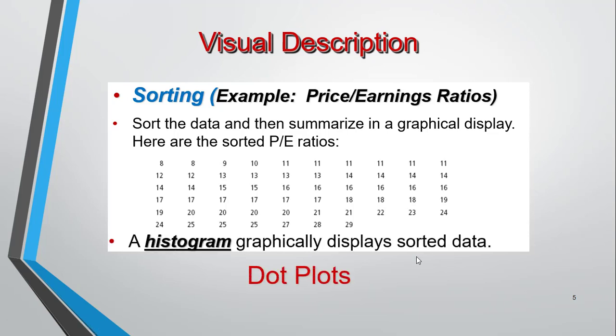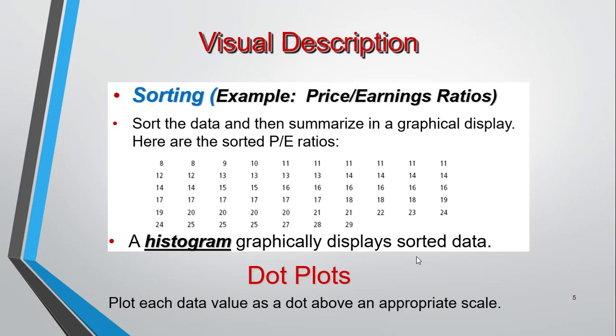Okay? Then we can use a histogram to display the data, and also we can use dot plots. Before computers were readily or widely available, dot plots were a very often used tool in presenting data. Okay?